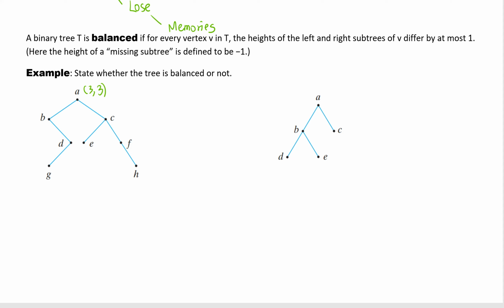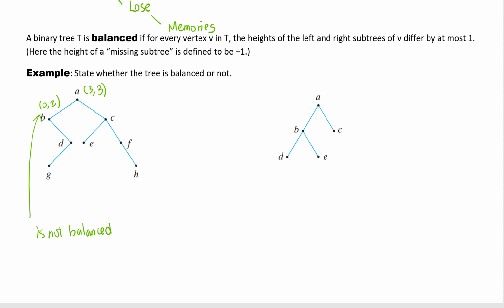How about B? On the left, we don't have any subtree, so it's 0. On the right, the height is 2. You can see this caused a problem because the difference is greater than 1. So this is not balanced.